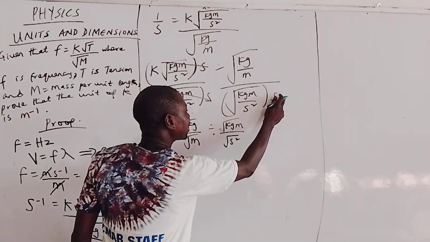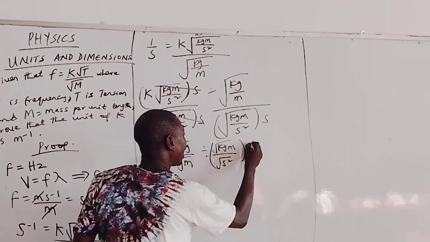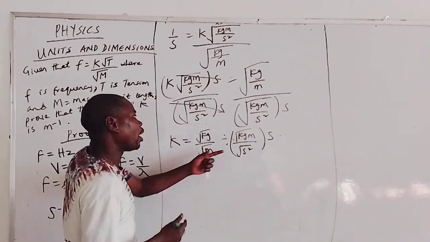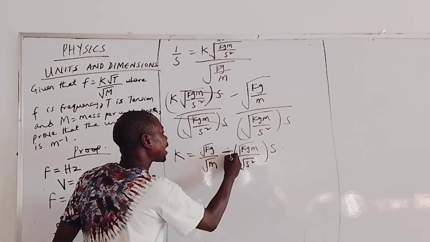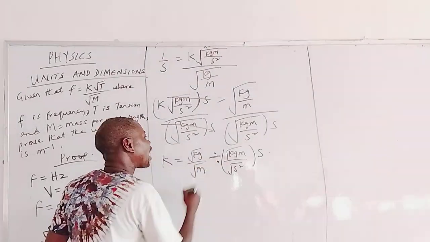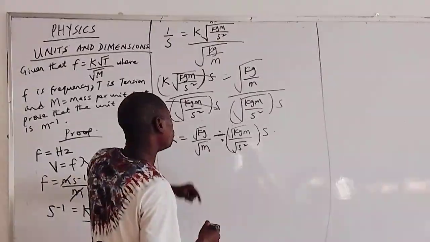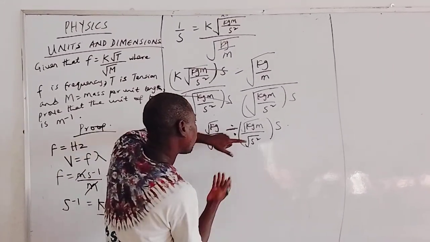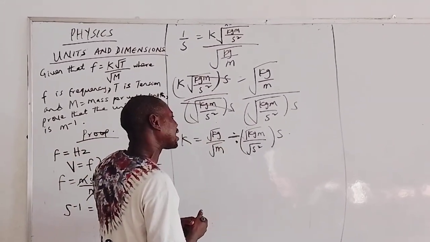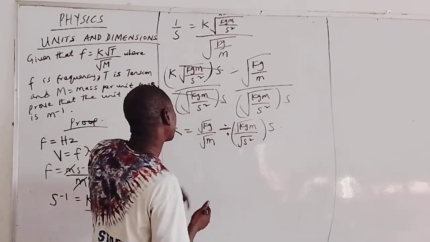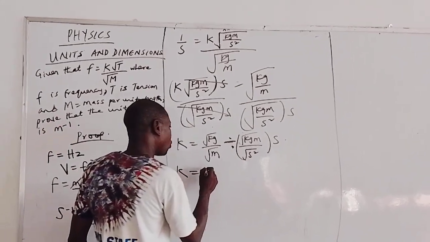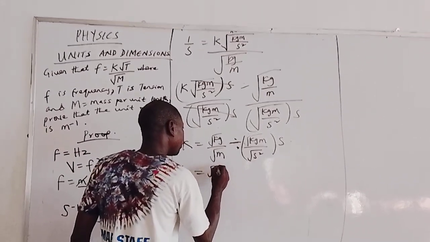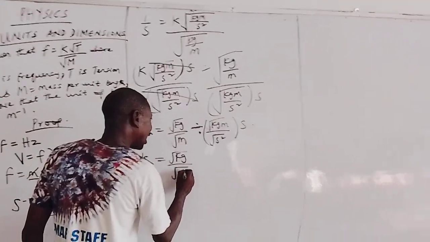Then there is another existing second that's multiplied by that second. So in basic fractional rule, whenever we are having division, we can invert this expression and change this to multiplication. So k is equal to root of kilogram over root of meter.